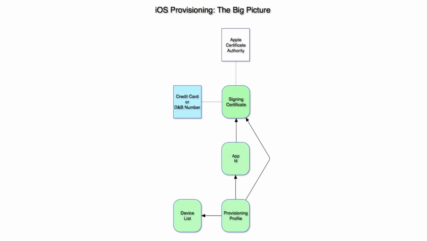This is why app signing errors on iOS can be so confusing. A single mismatch between entitlements, profiles, and certificates can prevent an app from installing or launching, even though the code itself is perfectly fine. Xcode hides much of this complexity, which is both a blessing and a curse.